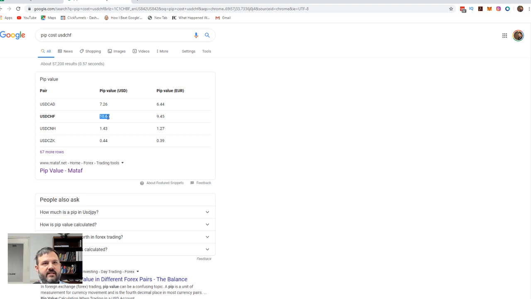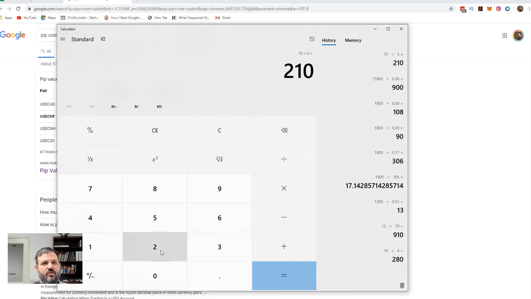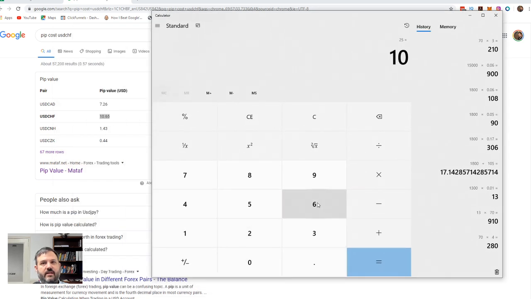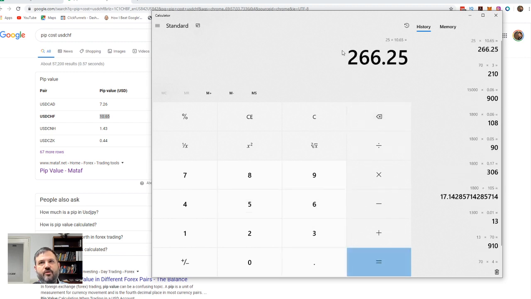Pip cost for USD Swiss is 10.65. Okay, so let's bring my calculator up. If it's 20 pips, let's go 25. 25 pips times 10.65 equals $266. That's my risk. So what can I do for stop loss?